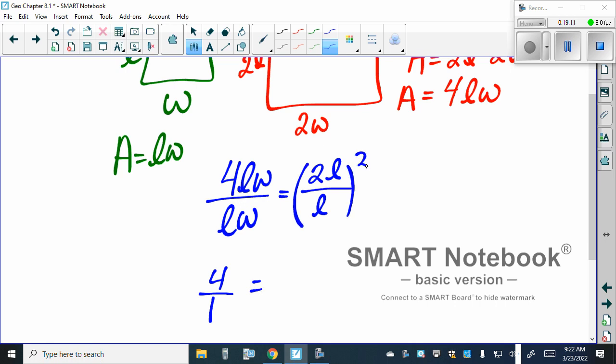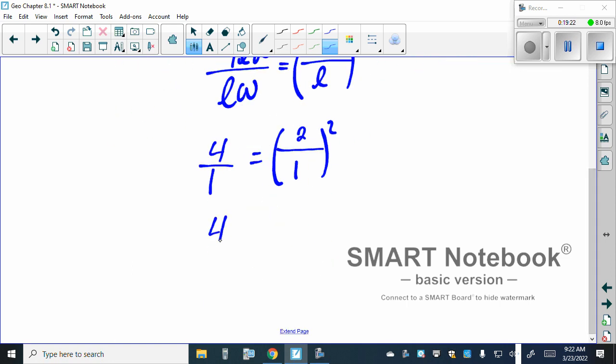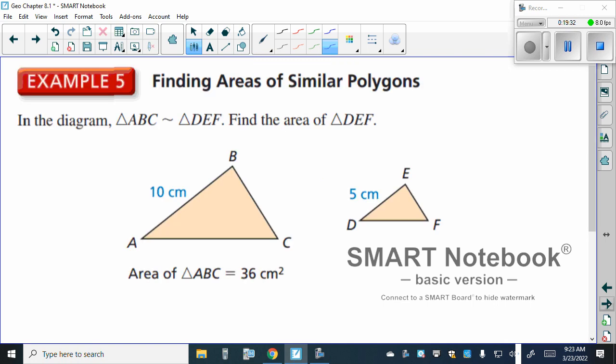This is why we need the square, because really we're multiplying it as that square property, which would give us 2 over 1 squared, which really shows us that it is 4. So when we talk about area, we're talking about this square unit in similarity.